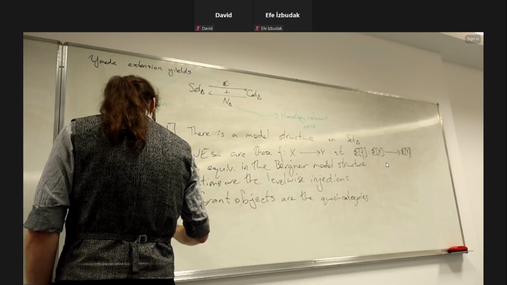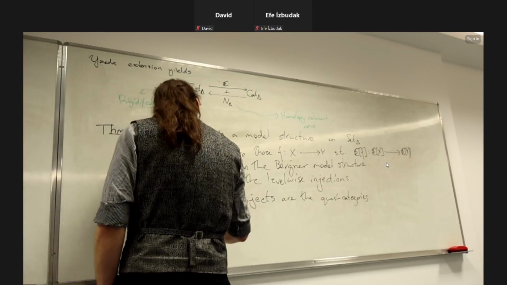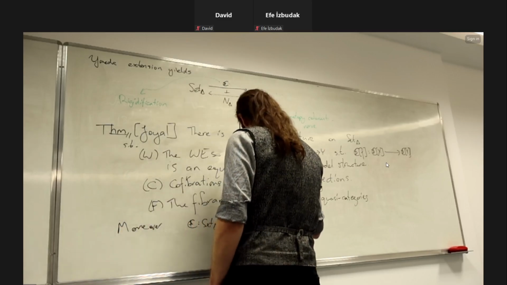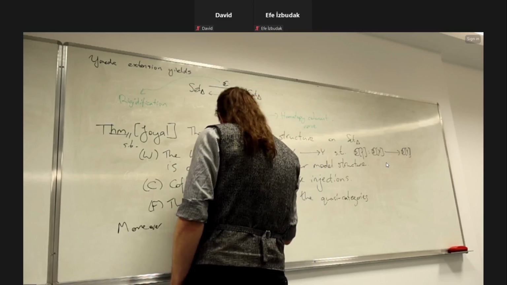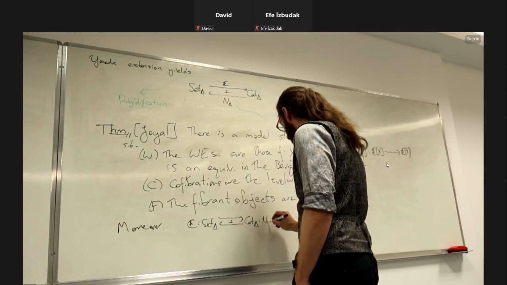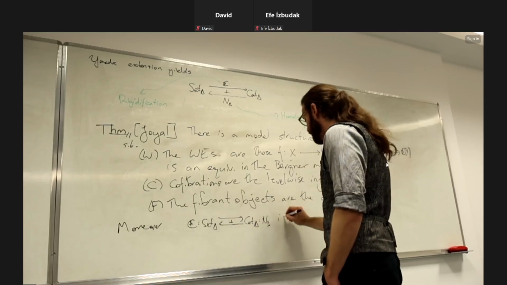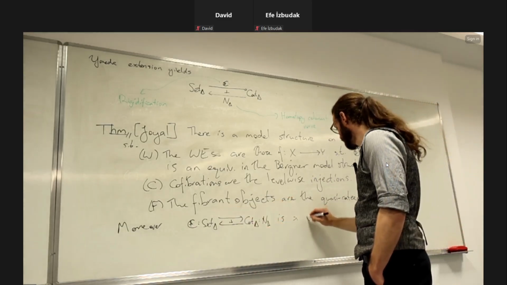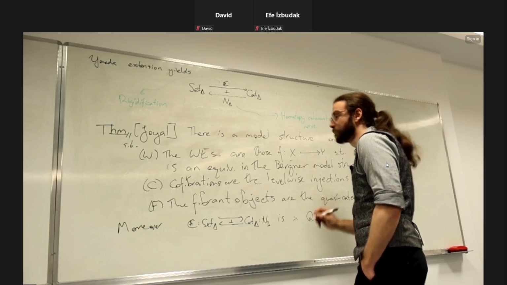Moreover, this rigidification coherent nerve adjunction is a Quillen equivalence.